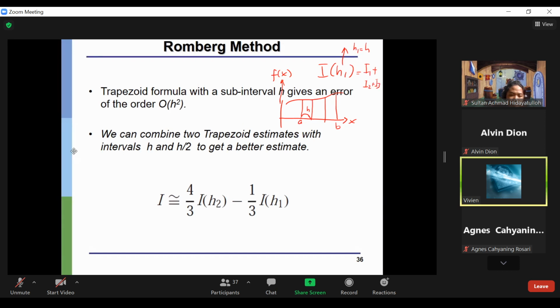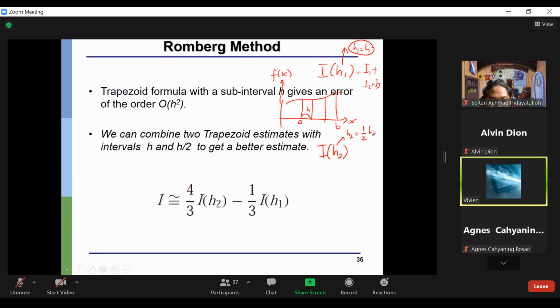So if we have 1, 2, 3 segments, the total integration area with the segment length of h1, which is equal to h, will be equal to I1, I2, and I3. Then we do the second calculation, which is the integration with the segment length of h2. The length h2 here is half of the initial length that we used. Previously h1 was equal to h, now h2 is half of it.